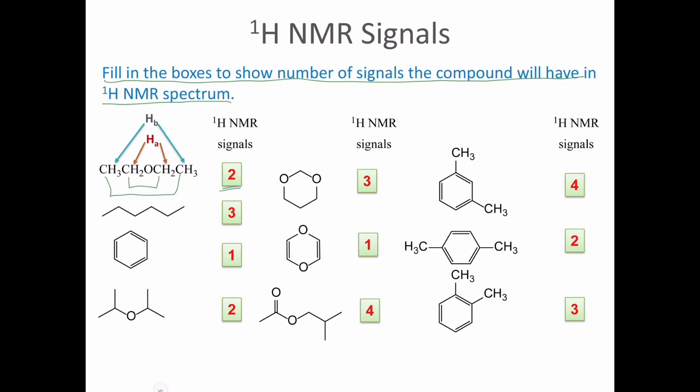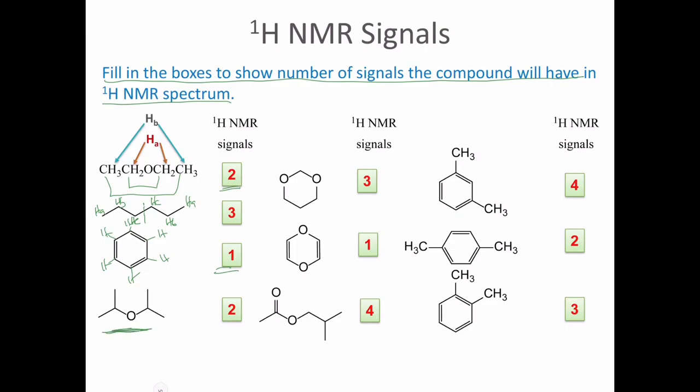If you look at the structure of hexane, again it has a line of symmetry, so we can end up with only three signals: HA, HB, HC. So HC, HB, HA. They are going to be symmetrical. If you look at the structure of benzene, again, all the protons around the benzene are going to be symmetrical. So we are only going to have one signal in the proton NMR.